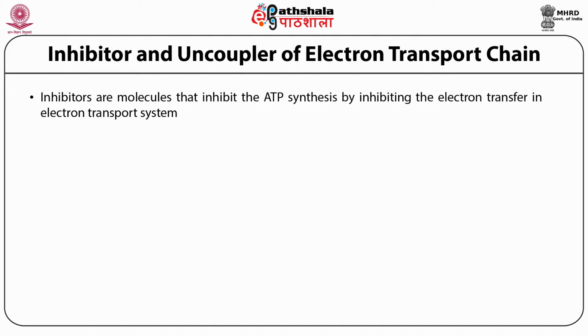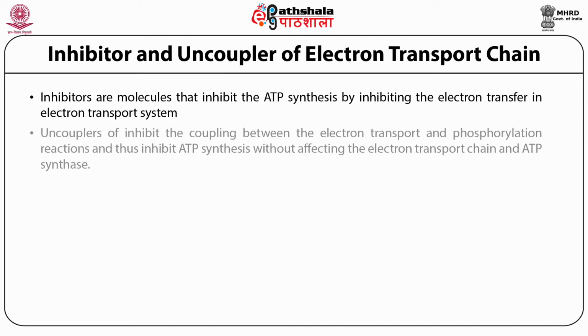Inhibitors are molecules that inhibit ATP synthesis by inhibiting the electron transfer in the electron transport system, and uncouplers also inhibit ATP synthesis, but the mechanism is totally different. Uncouplers inhibit the coupling that is responsible for ATP synthesis.